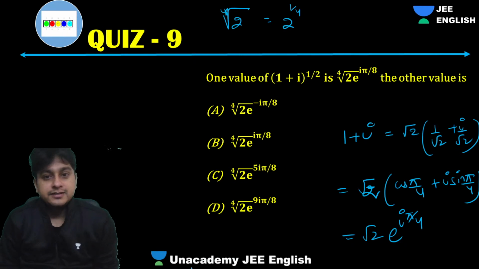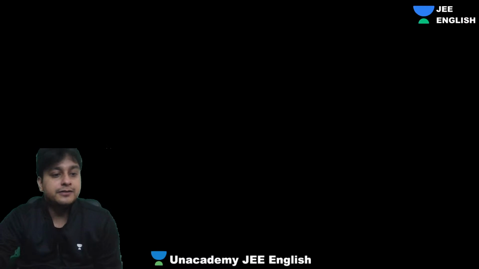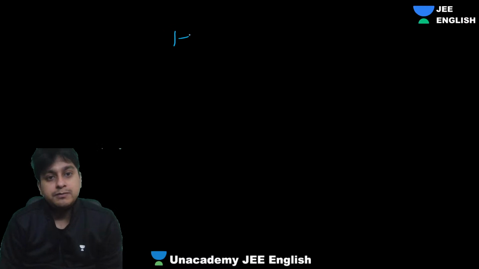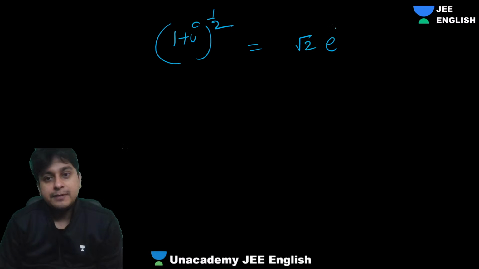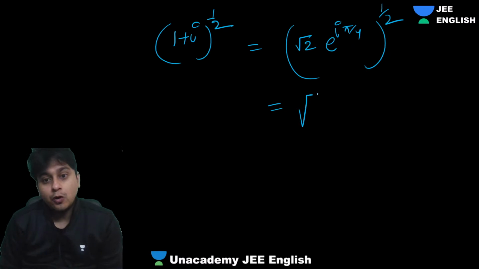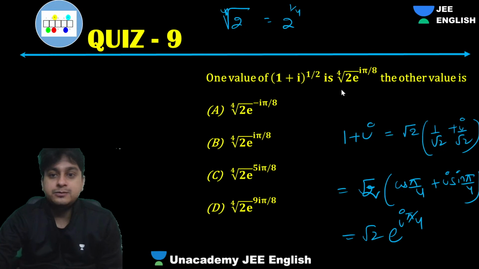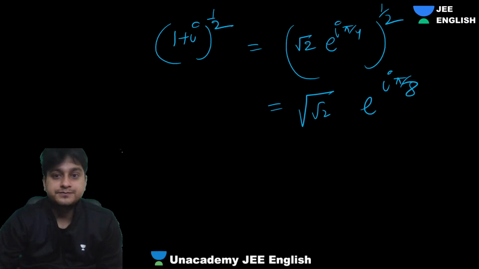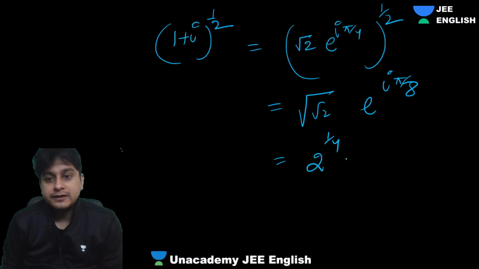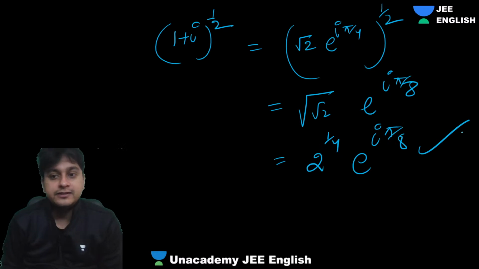So 1 plus iota power half is root 2 e power i pi by 4 power half. The root 2 power and the exponent multiply, giving 2 power 1 by 4 e power i pi by 8. That's the first root, already given in the question.